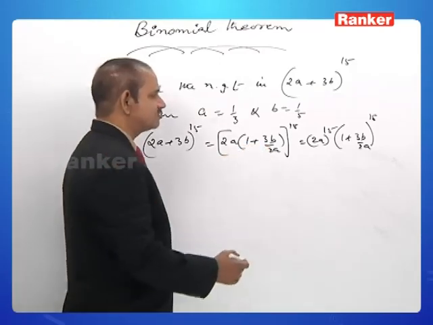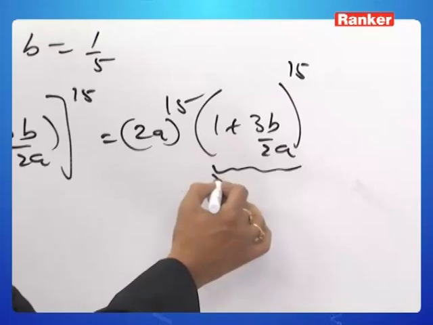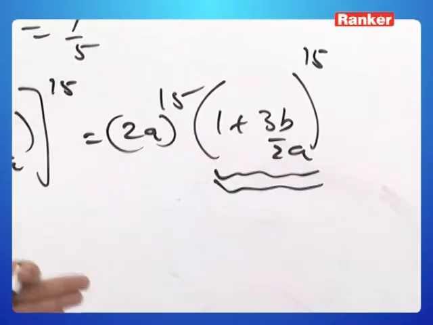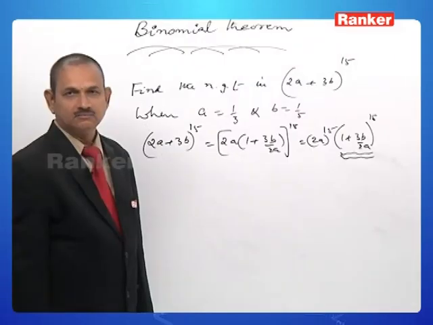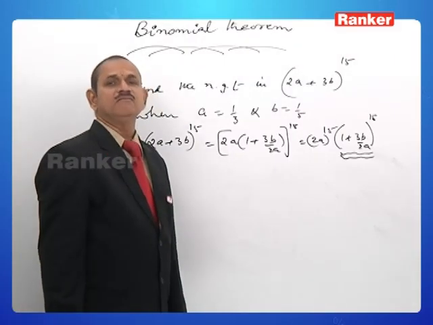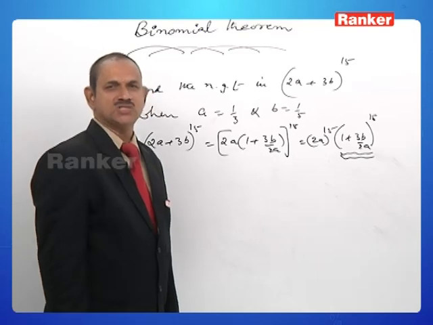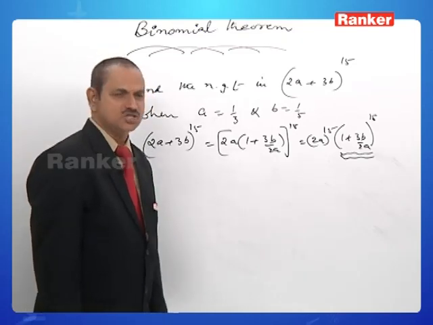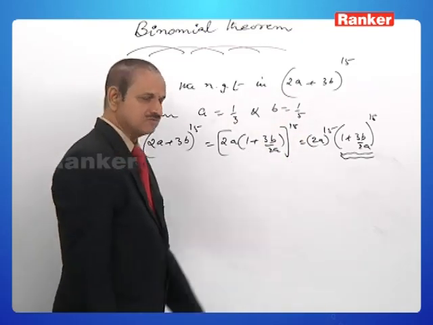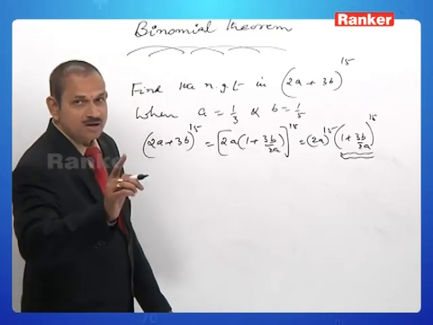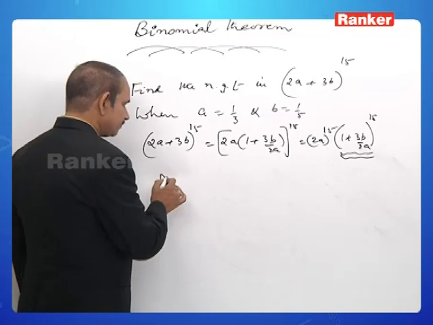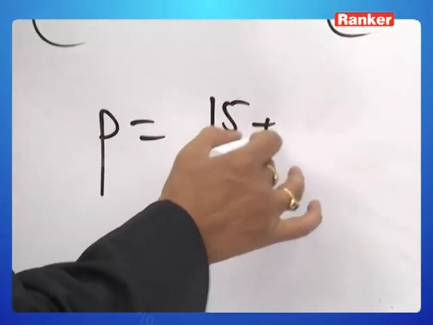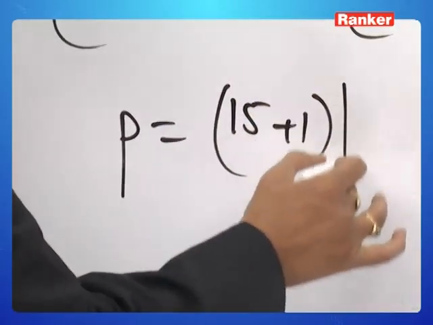Well, my dear, you might have recognized that expansion on which we may have to concentrate. What is the expansion? This is the expansion because that looks like (1 plus x) whole to the power of n. And of course, we may have to apply the procedure which we could have already learned to that expansion. Come on, keeping in view of that expansion, find p, (n plus 1) into mod x.